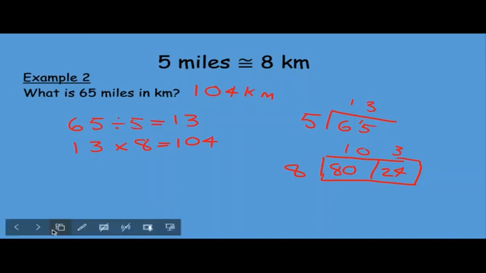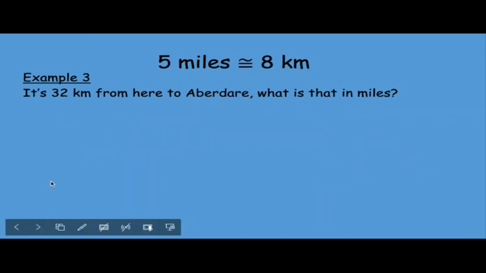Okay, so let's have a look at our next example. It's 32 kilometers from here to Aberdare. So what is that in miles? Okay, so we're going the opposite way now. So our first job, we're going to get 32 and divide it by 8.